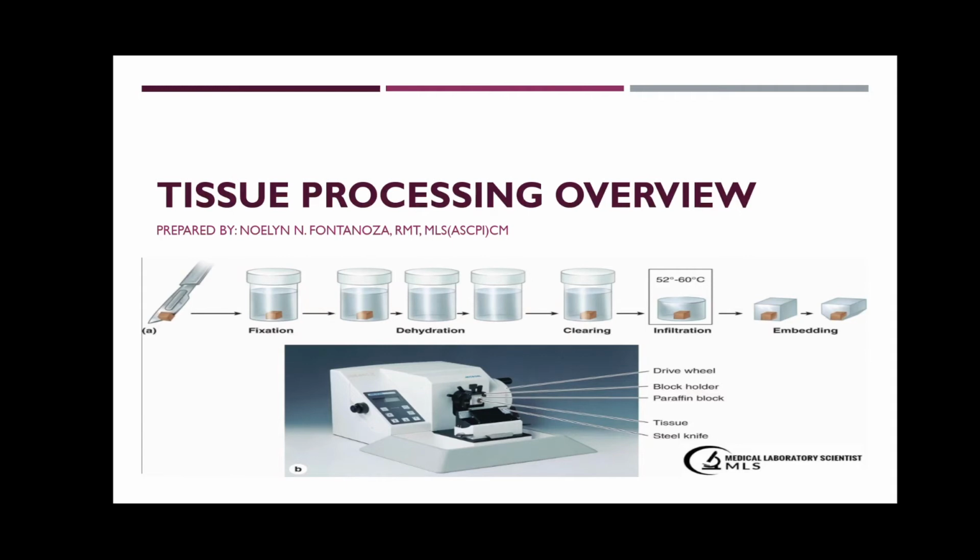But before that, I want to review the simplified meaning of our subject, histopathologic and cytologic techniques with general pathology. When you say histopathologic, that means the study of the different diseases and pathologic processes that is found in the tissues.